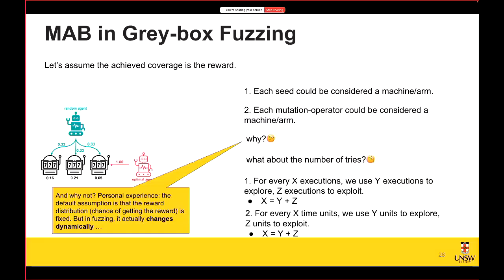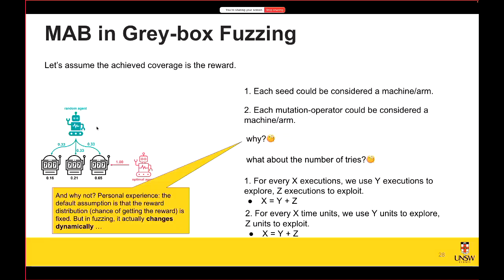If we consider each seed as a machine, the more we use a particular seed, the lower the chance it will give us more coverage, right? Because we have already tried out different test cases with that seed. If our target is to find new coverage, the more we use a particular seed, the lower the chance we are getting new coverage.